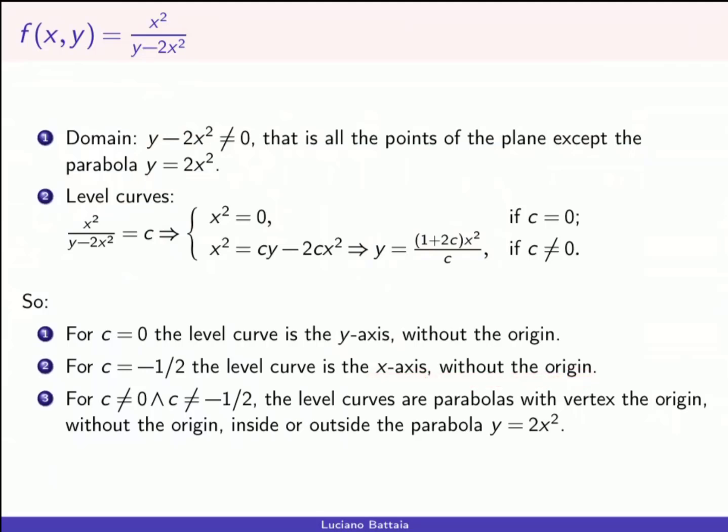For c different from 0 and different from minus 1/2, the level curves are parabolas with vertex the origin, but without the origin that always belongs to this parabola of the denominator, inside or outside the parabola y equals 2x squared.